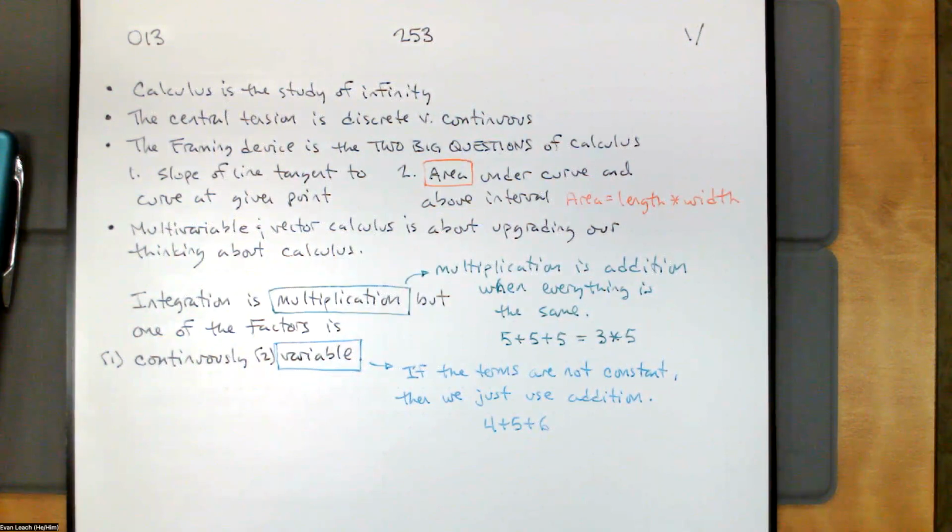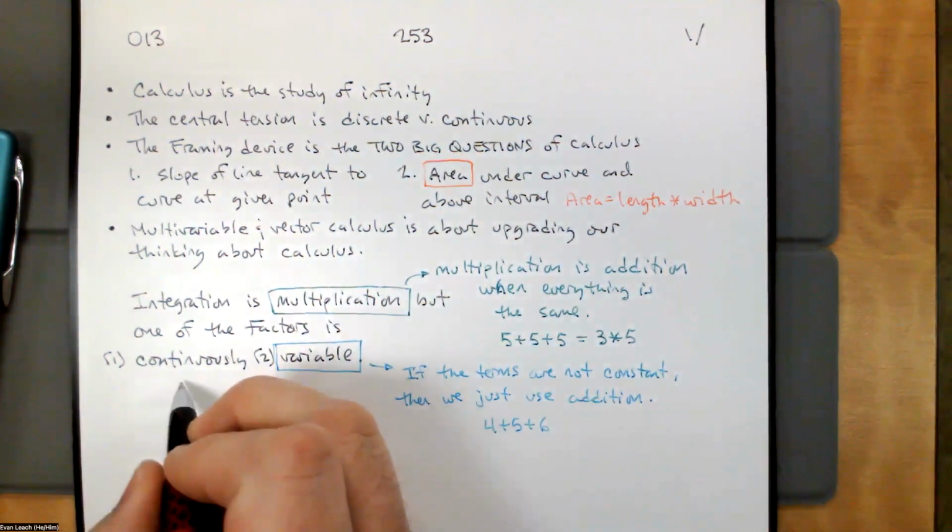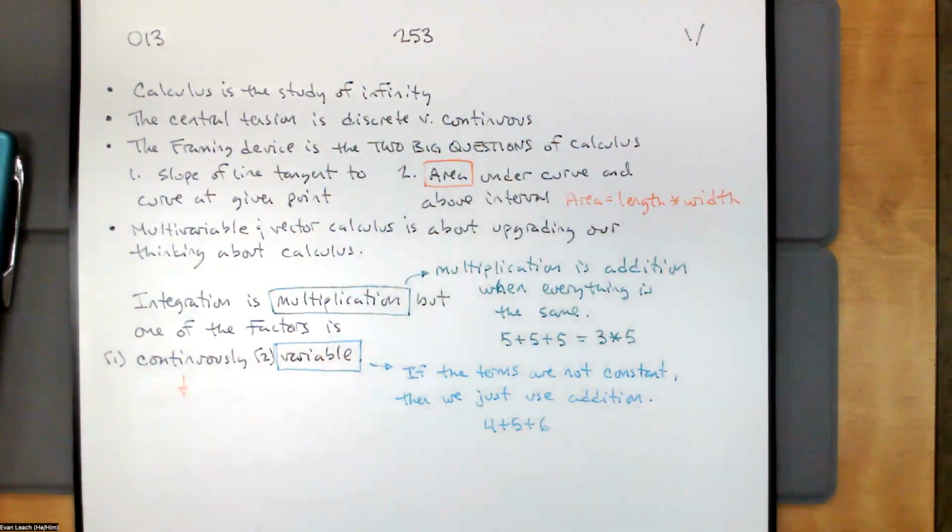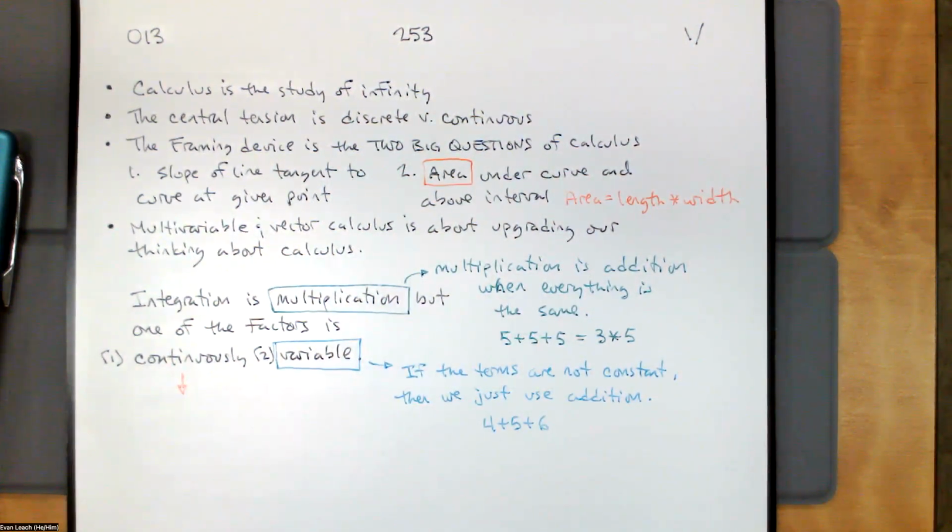But there's an even bigger problem in the integration category, which is why we have to have this calculus class. Our factors are continuously variable. That makes things way worse. If things are continuously variable, there's no next term. There's nowhere to put the plus signs.